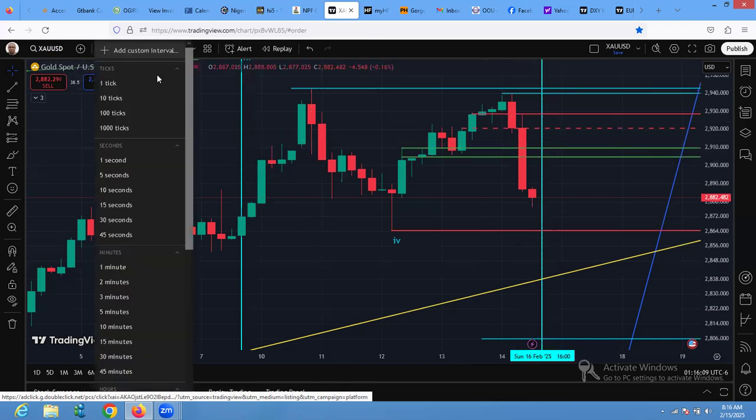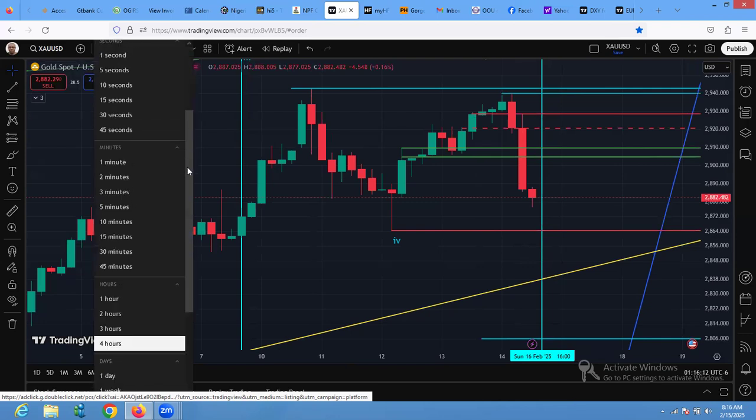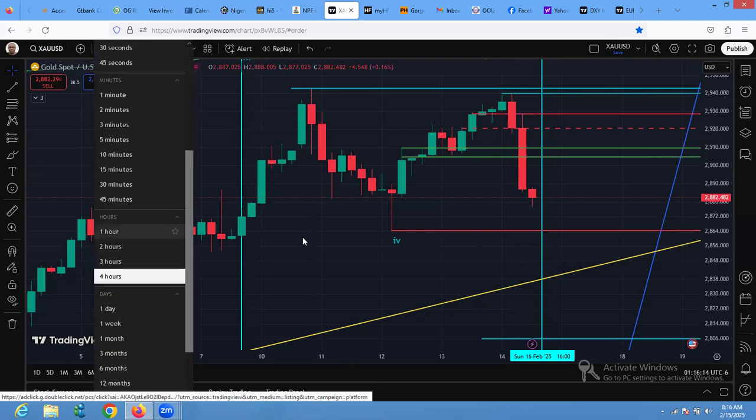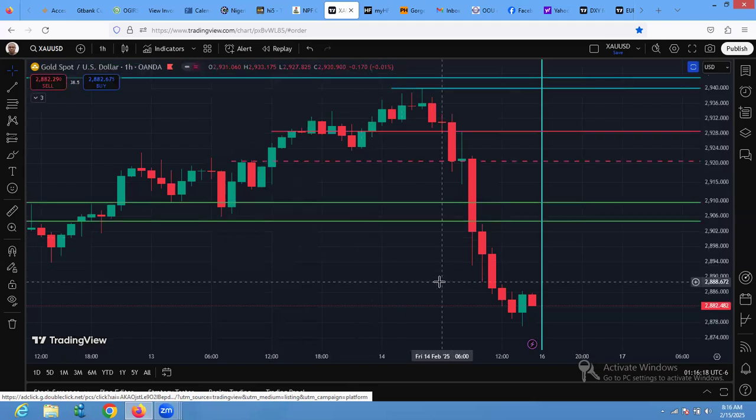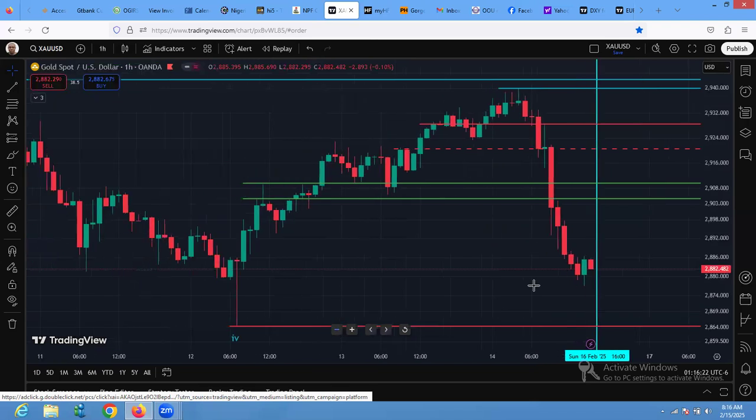On the 1 hour time frame, are we seeing that yet? I don't think so. On the 1 hour time frame, this will be ready once this is taken.